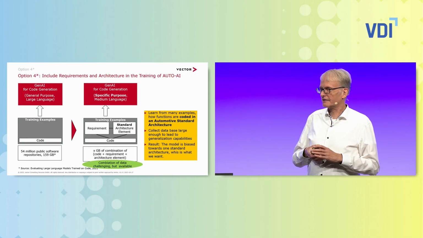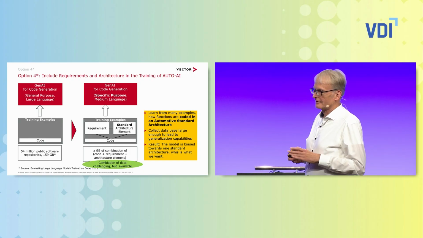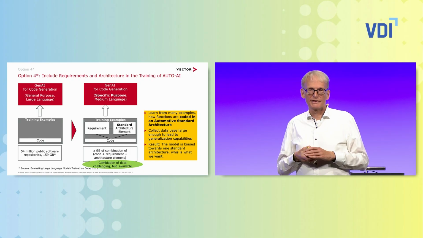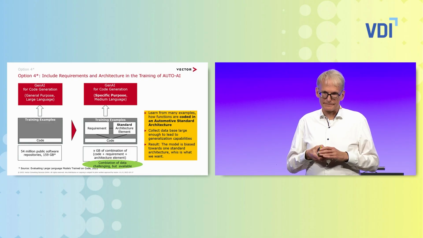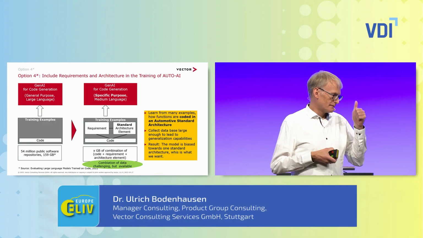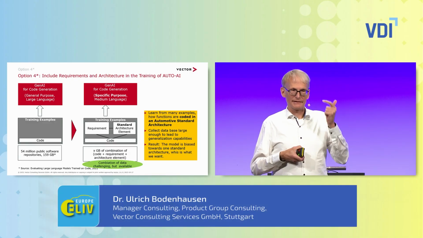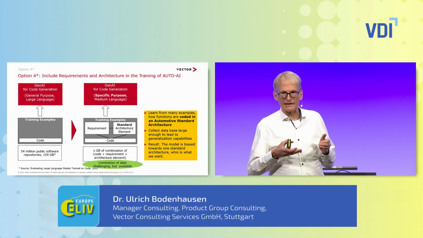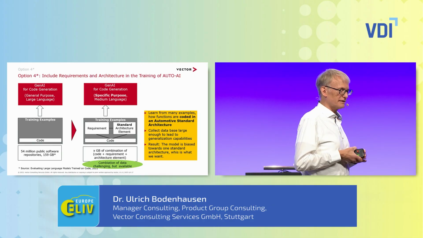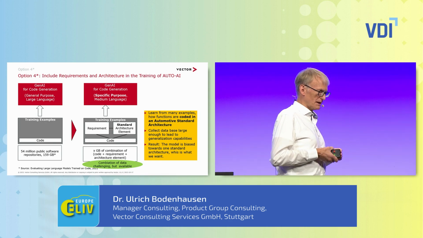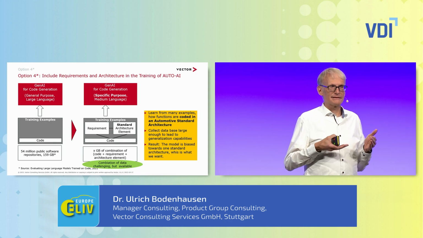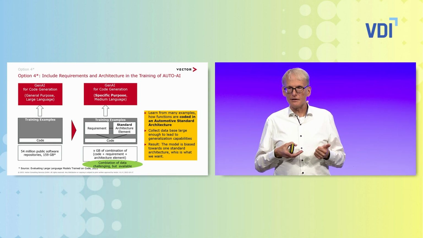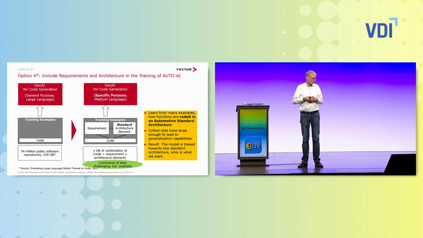One standard architecture where we can collect in our industry lots of data points consisting of code, requirement, and the associated architecture element. And if we use that to train a generative AI language model, then we can succeed in bringing in requirements and architecture information into this Gen AI.